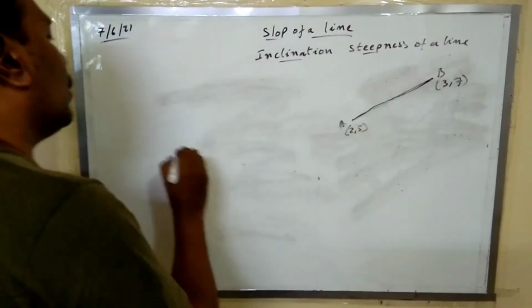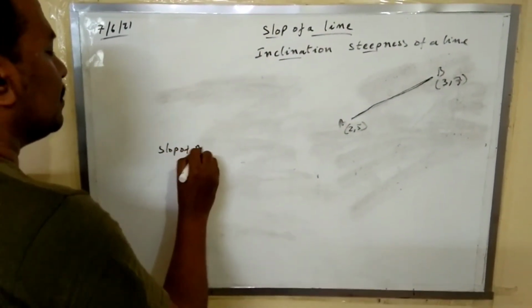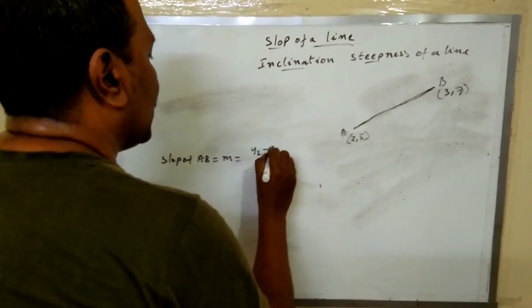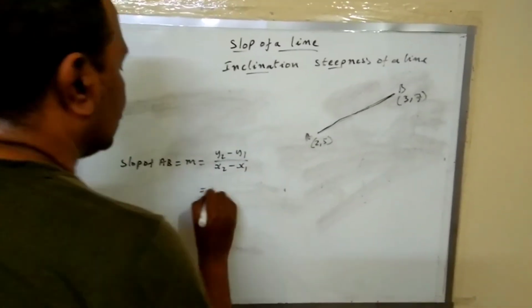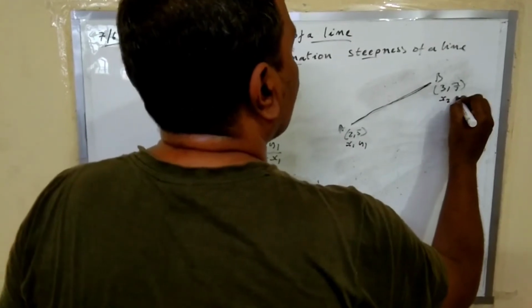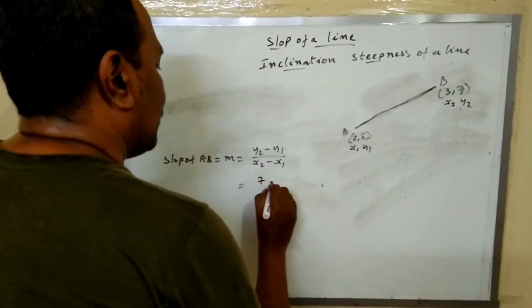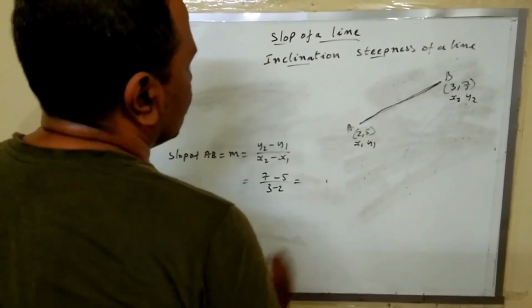What is the slope of AB? Slope of AB, which is equal to m, is equal to y2 minus y1 by x2 minus x1. So this is x1, y1, and this is x2, y2. So y2 is 7 minus 5 by x2 which is 3 minus 2.